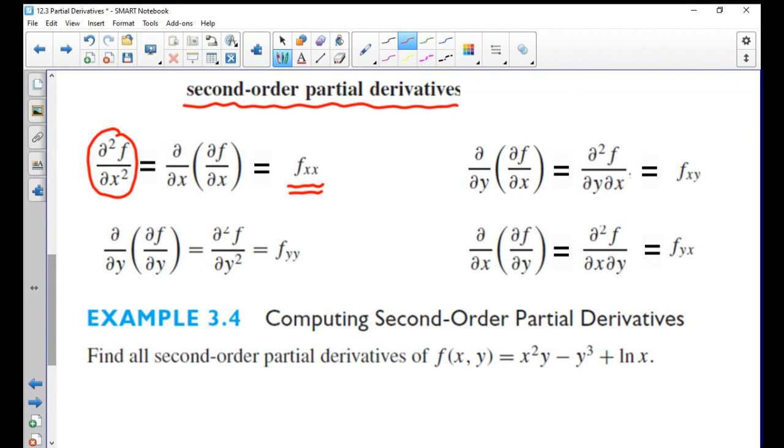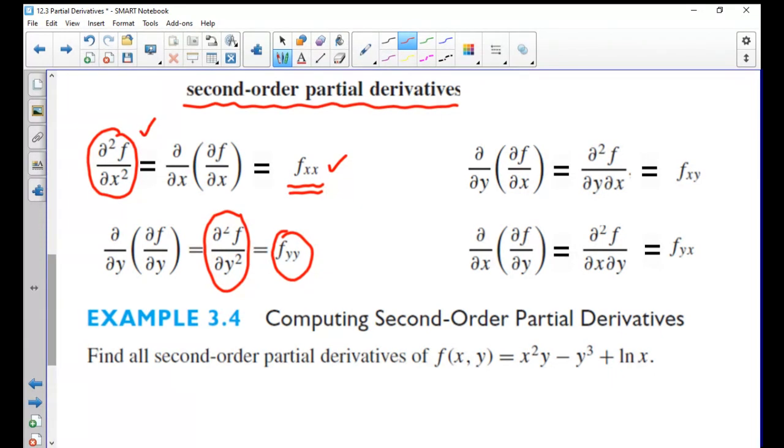So you differentiate once, you get fx. You differentiate the second time with respect to x, you get fxx. Same thing with the second derivative with respect to y. You can write it like this.